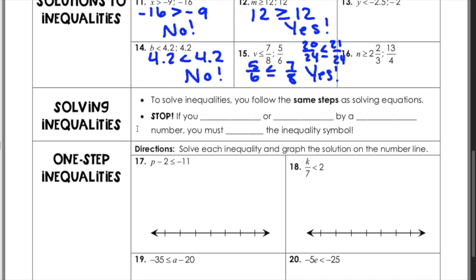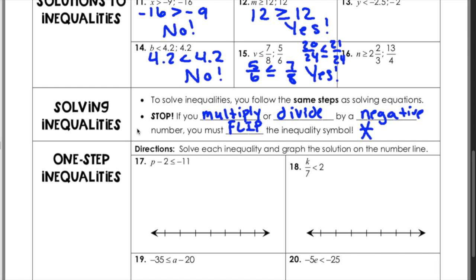And that rule says that if you multiply or divide by a negative number, you must flip the inequality symbol. So this is very important, okay? We cannot forget this rule.